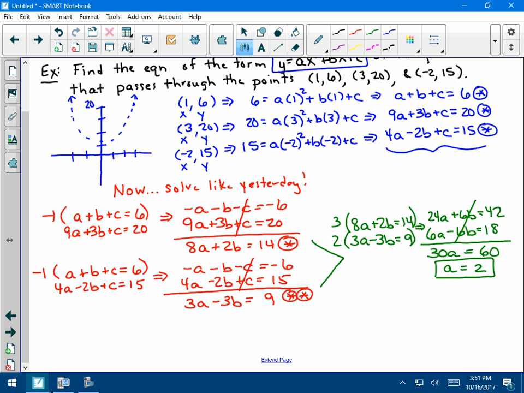Once I've got a, what do I do? Well, now I can plug it into either of those and figure out b. Let's use that top one. So I'm going to do 8 times a, which is 2, plus 2b equals 14. So that's 16 plus 2b equals 14. And 2b is -2, which means that b is -1.